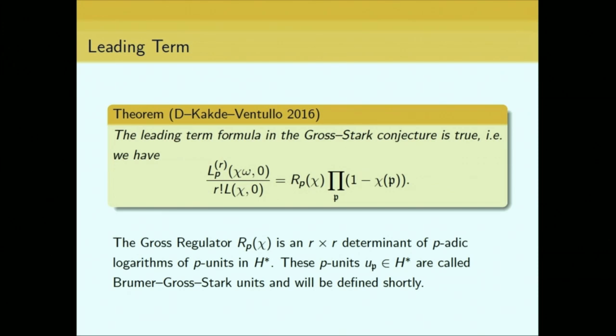These p-units are called Brumer-Stark units or Gross-Stark units, depending on whether people care about this conjecture or Brumer's conjecture, which I'll state later in the talk. These units I'll define, and they are going to play an important role in this talk.